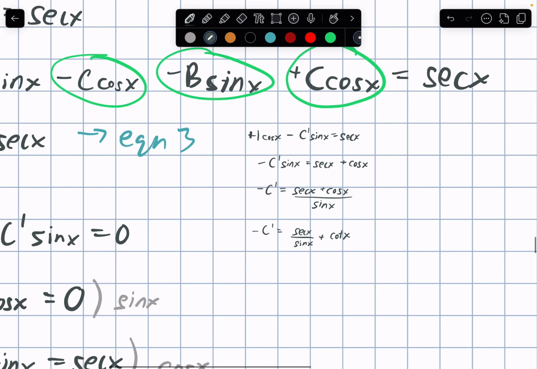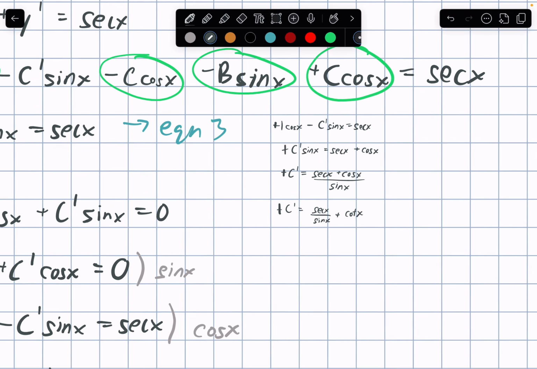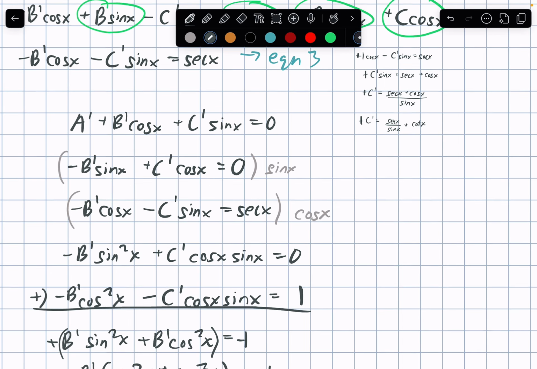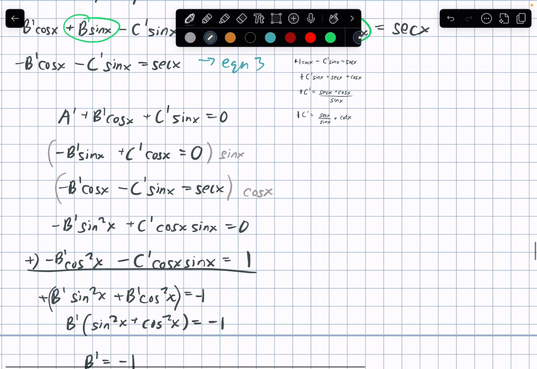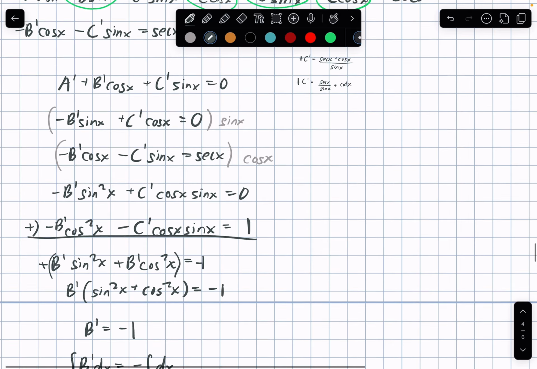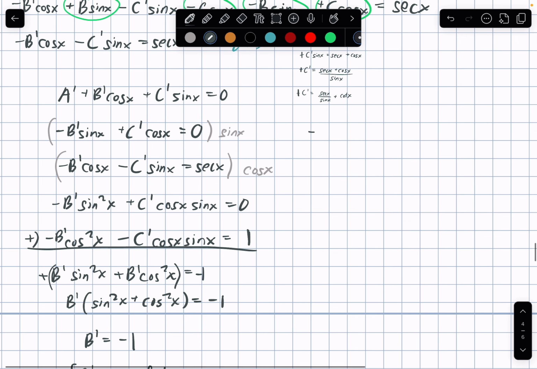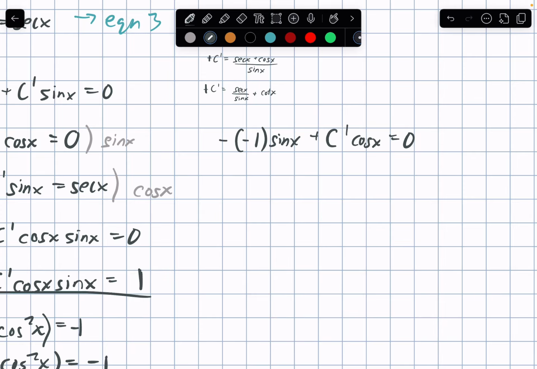Either way, this is supposed to be positive. Let's see if we get the same. Negative b prime is negative 1. You're supposed to look here. Negative sine x. There you go. It's much simpler.